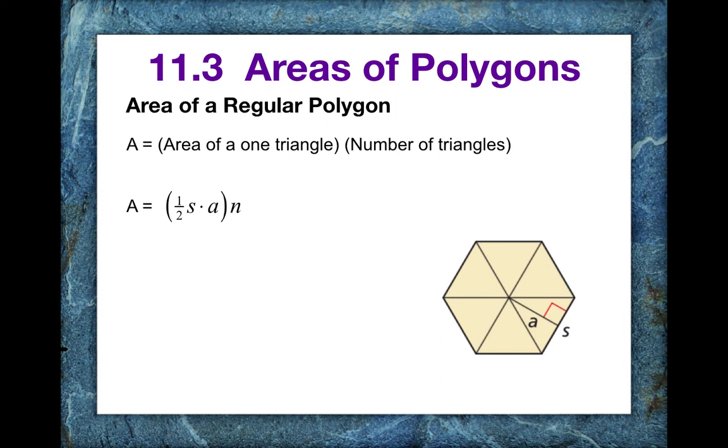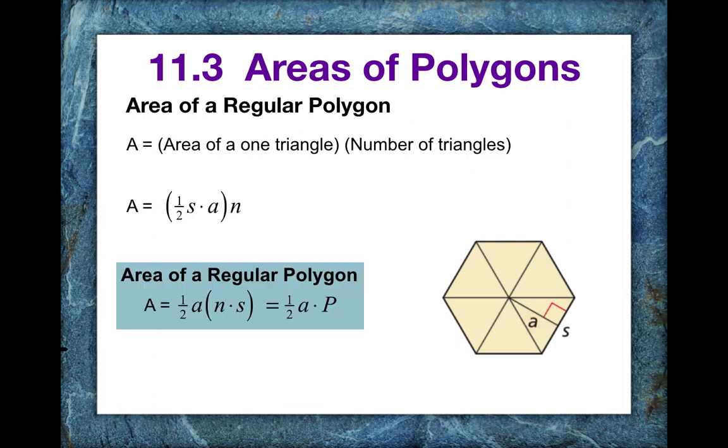So here I have 1/2 S times A, the side times the apothem, and that's this one triangle, times N, which is the number of sides or the number of triangles that I have.